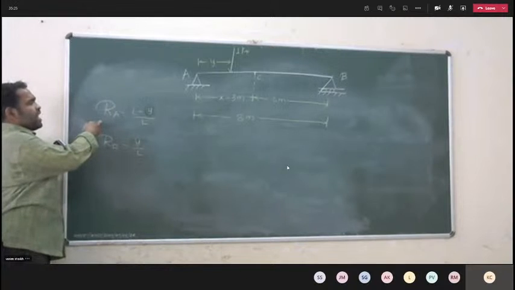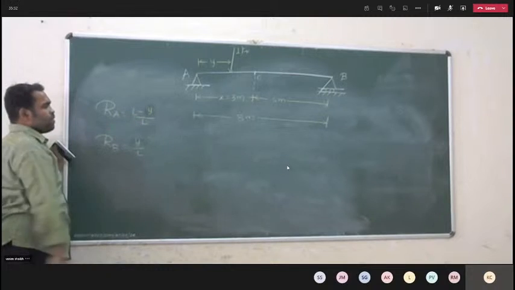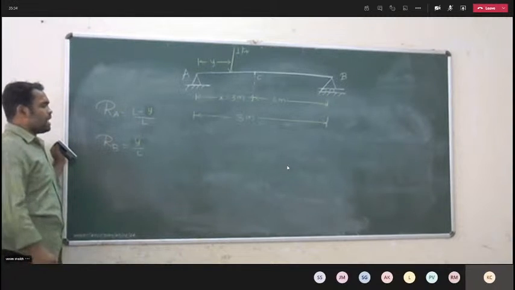So now the reactions RA and RB are in terms of Y and L: RA is L minus Y by L and RB is Y by L.